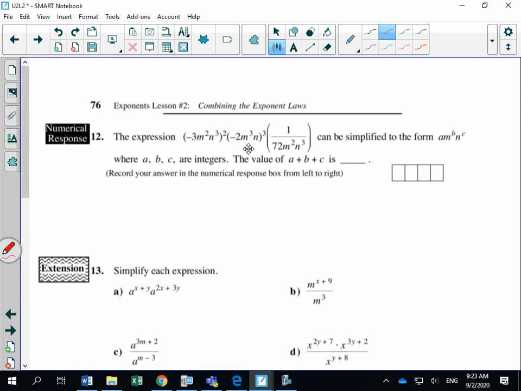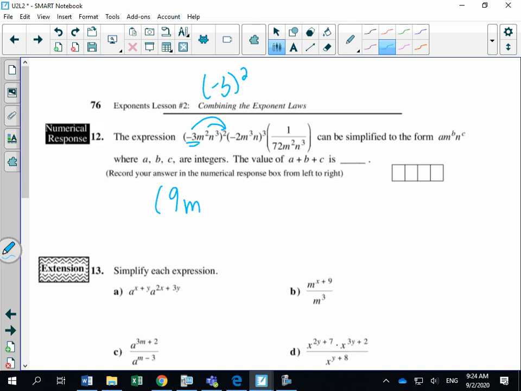Okay, so it's this times this times this, but we have to apply the 2 into the bracket there and the 3 into the bracket here. So let's do that. Okay, negative 3 to the power of 2. If you do that, negative 3 to the power of 2 is going to give you 9. So I applied that negative 3 to the power of 2. Then let's do power to powers.